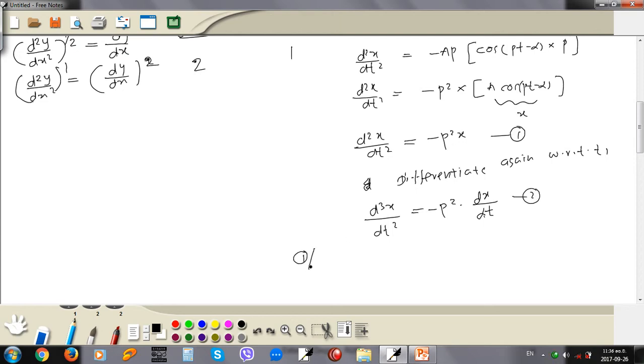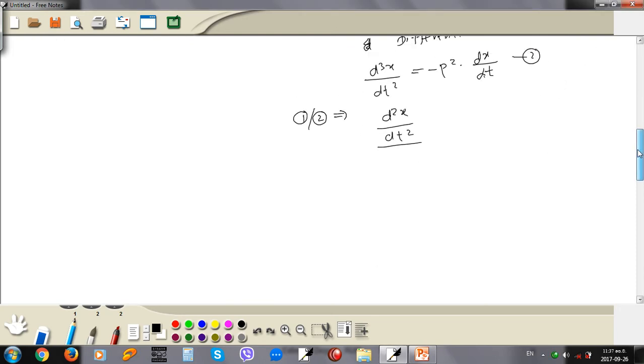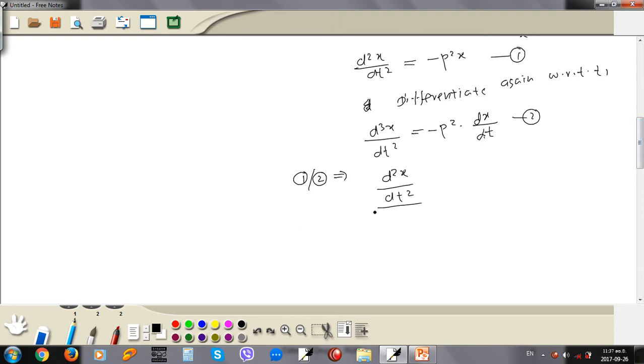Then dividing 1 by 2, we get d squared x over dt squared divided by d cube x over dt cube. If you divide, minus p squared cancels, x equals dx by dt. Right, so here, d cube, no, second equation.